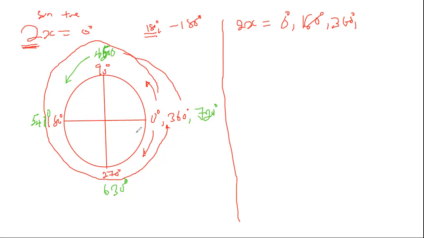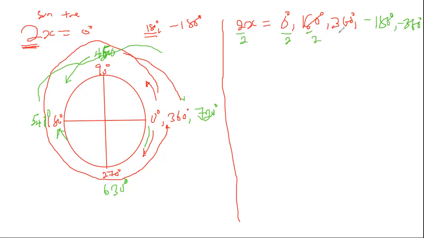Yes, so when we take this direction, we would still have 0 degrees, which we don't need to write again. Then when we get here in the anti-clockwise, it would be negative 180. And getting back here, it would be negative 360. And then now we divide by 2 for these angles.